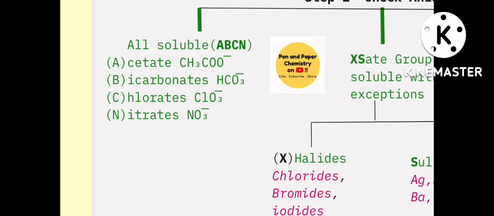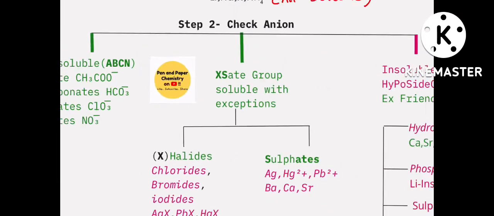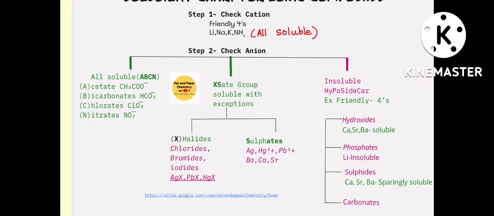The next set is what I've called the XSATE group. X stands for the halogen, and SATE for the sulfates, because we're going to talk about sulfides also later on. To distinguish it, I've written it as the XSATE group.